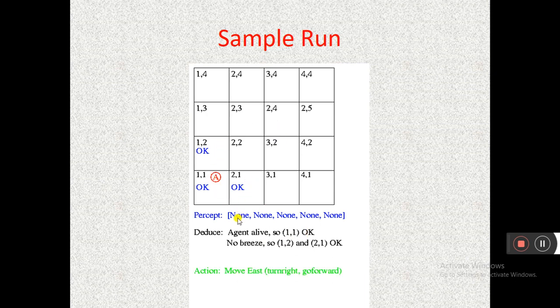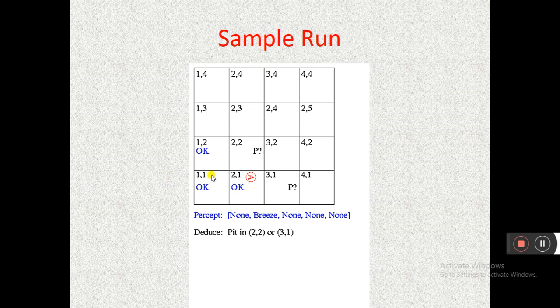So in our next run, the first action, we will turn right and go forward. In the last picture we were here and in the next picture we are here. But when we move here, we have a perception that there is a breeze.